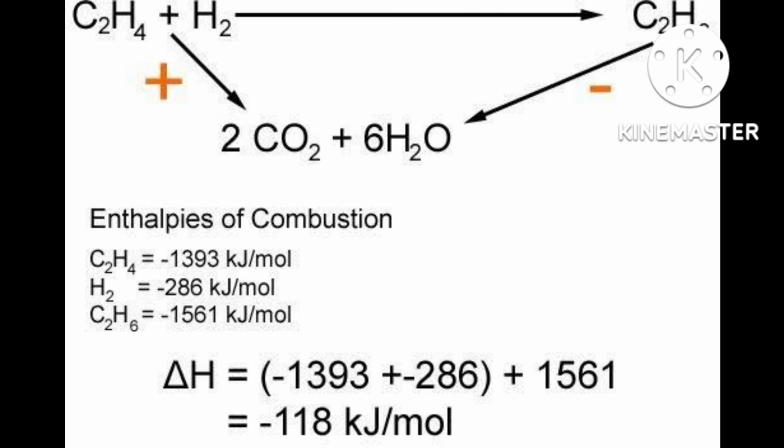How will you calculate? Calcium carbonate on heating will give two products. First, calcium oxide, which is a solid, you can write CaO(s) in small brackets, and carbon dioxide, CO2 gas.